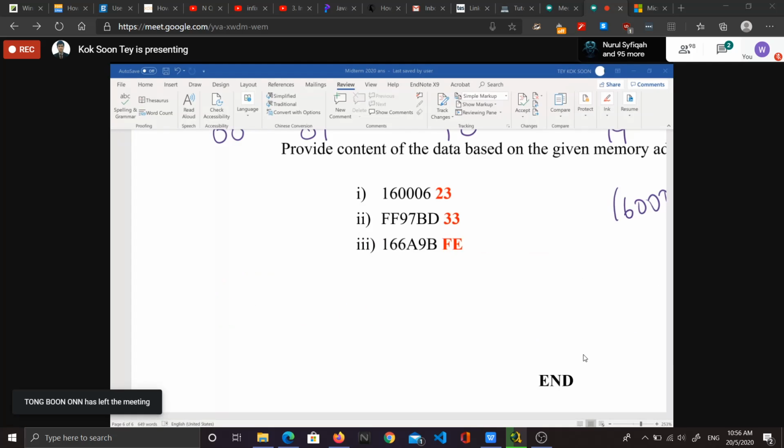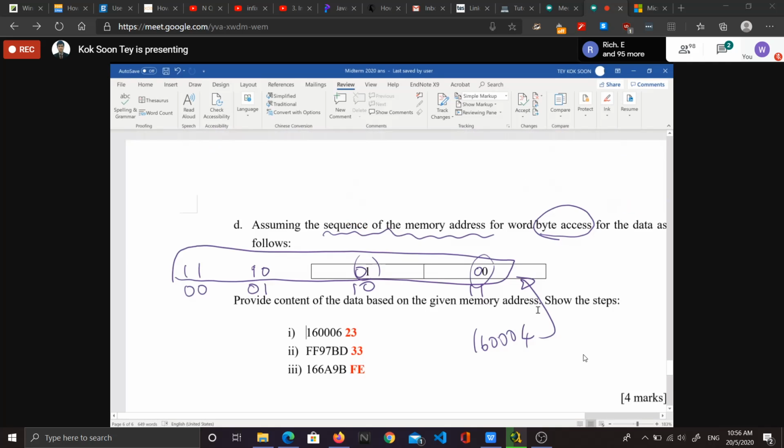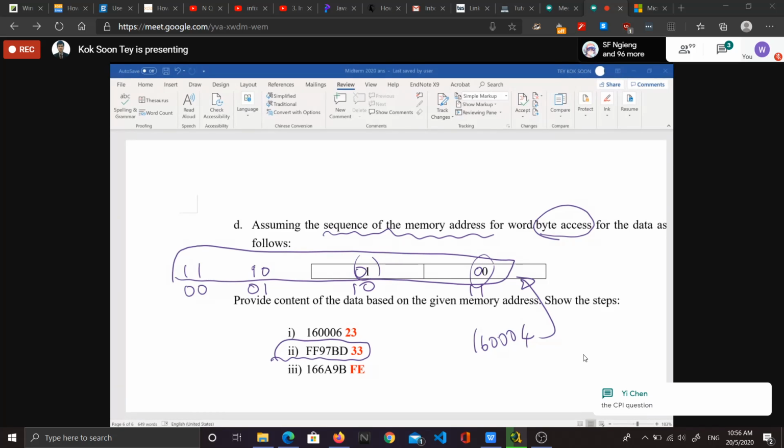Okay. Question 2, last subsection. What do you mean by question 2, last subsection? You mean this one? The CPI question.